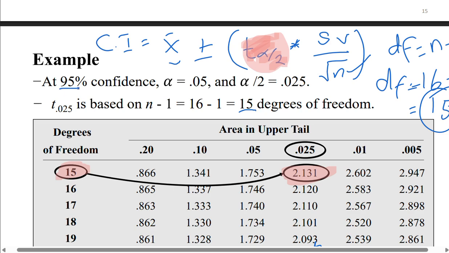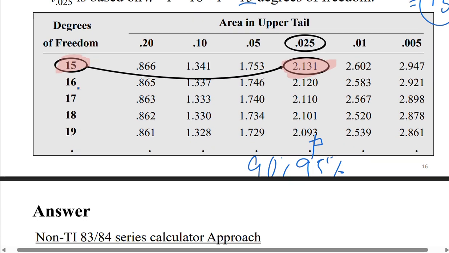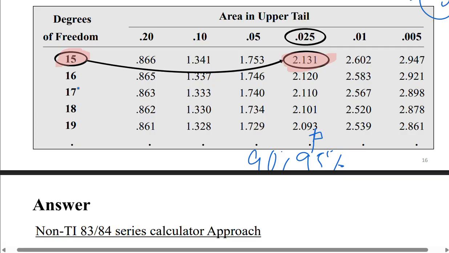And so what we're going to do is take the t-table. A copy of the t-table is on Moodle. You can download it, or you can just Google t-table PDF, and Google will give you a PDF version of it.